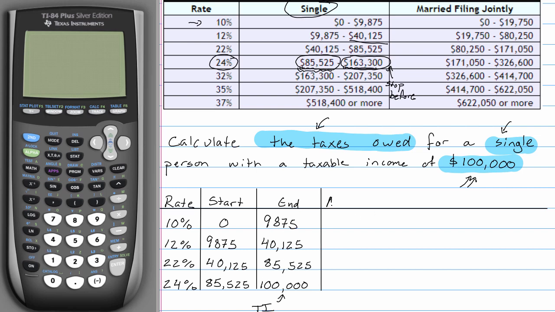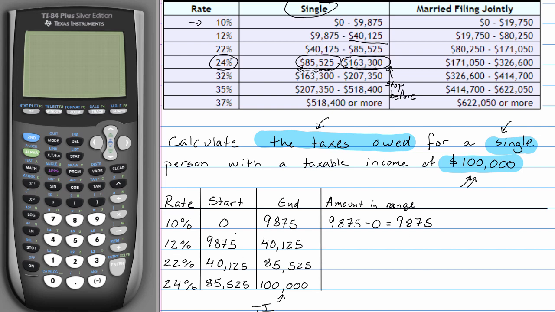In fact, the amount in that range is from 0 to 9,875. So it's 9,875 minus 0. I can do that in my head. 9,875.